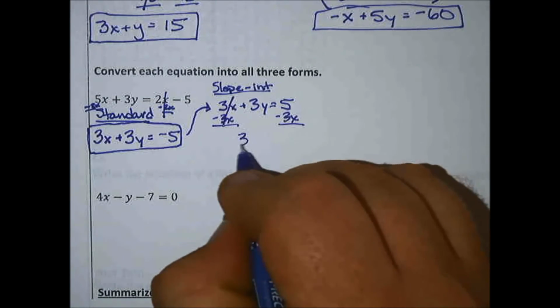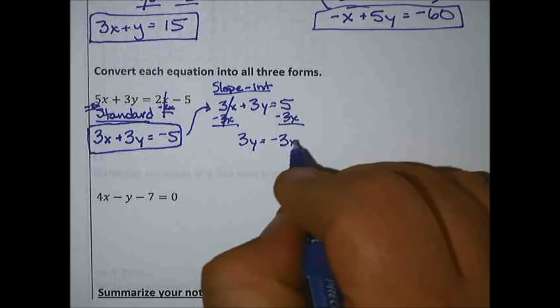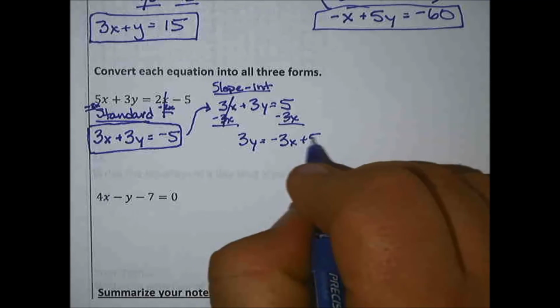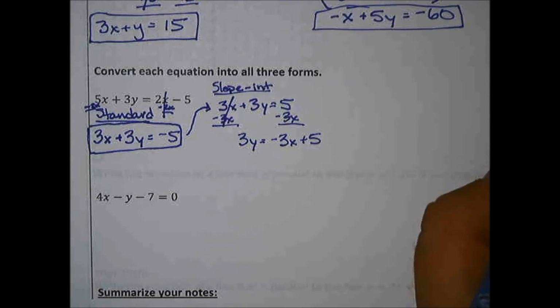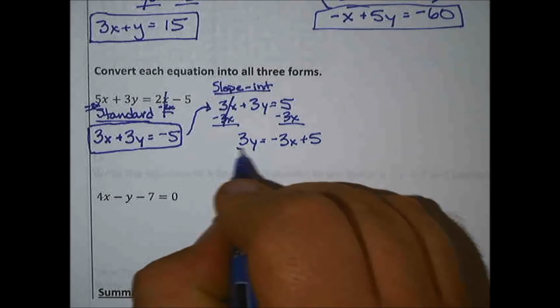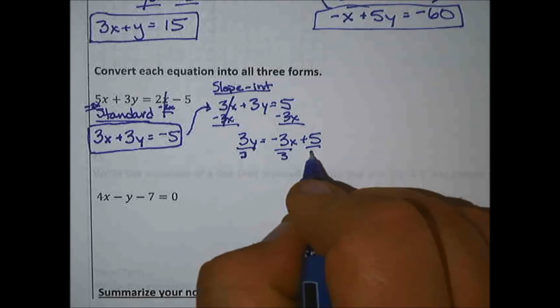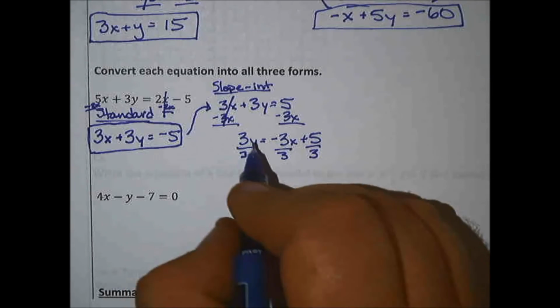So those go away. I get 3y equals negative 3x plus 5. And now my last step will just be to divide by 3. Divide by 3, and I'll divide by 3 there also.